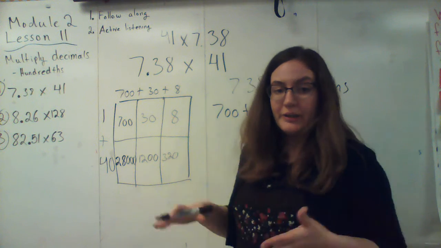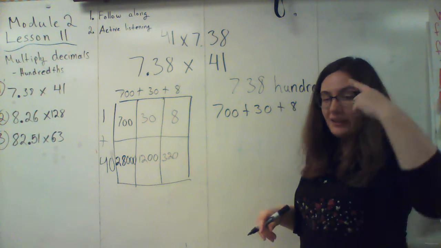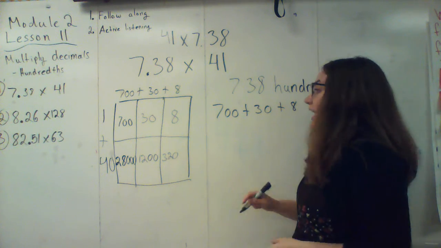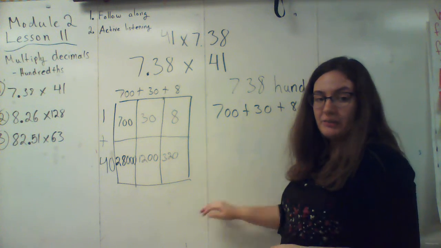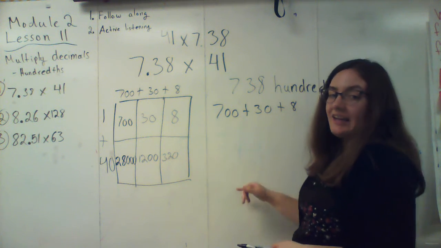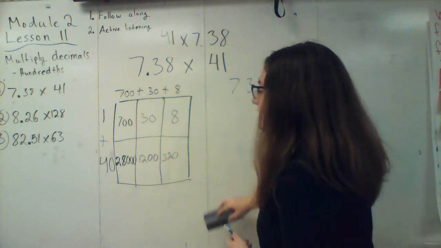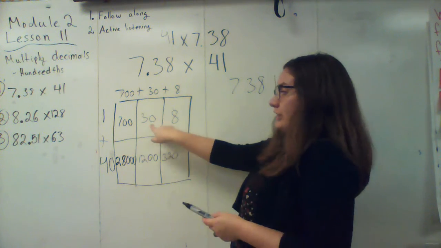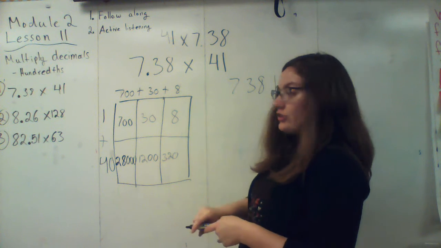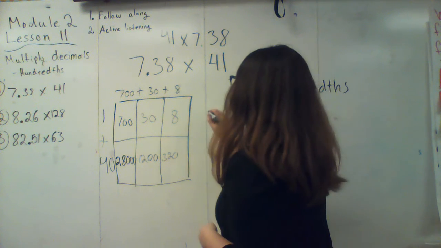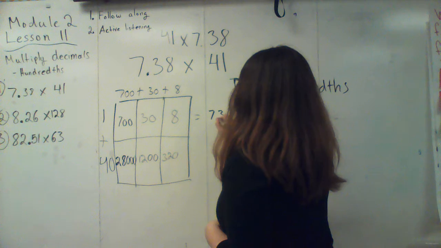Now, our numbers are going to be a little bit bigger now, so I might not always be able to add them all up in my head. I might need to set up a standard algorithm to add everything up and find my final product. So I'm going to give myself some space. I know that 700 plus 30 plus 8 is 738. It's kind of the easy one. So I'll write that right here.